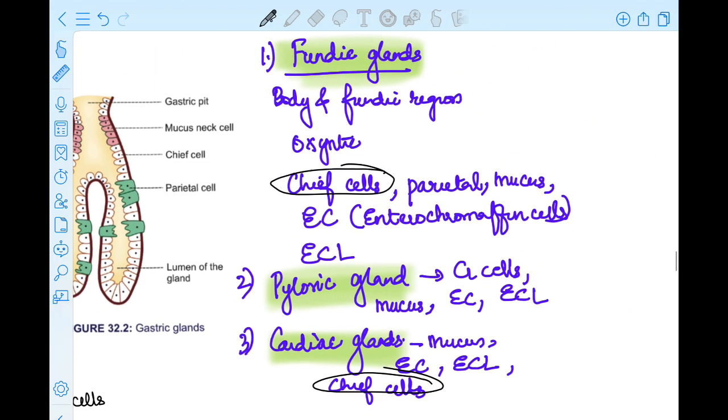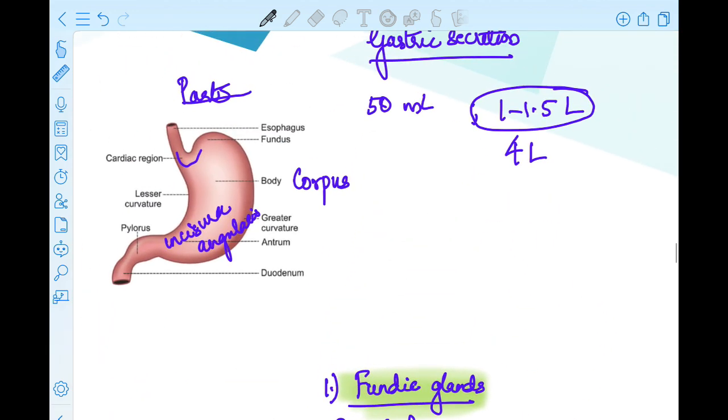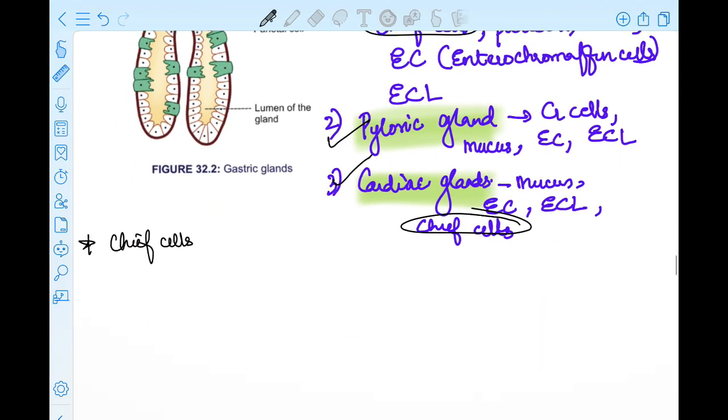And one more thing I forgot to mention is that when you compare the total structure, the pyloric and cardiac glands have a shorter and tortuous structure, whereas the fundic glands are more elongated because their location is at the body and the fundus. The pyloric glands are located at the pyloric region, very short and tortuous, and the cardiac gland also is located at one end, so it is also short and tortuous. Okay, that also you need to know.